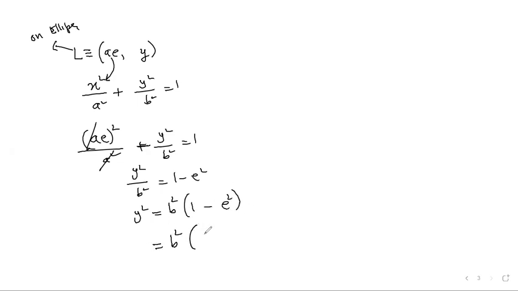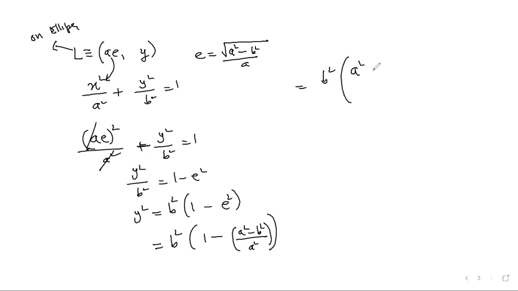But I can replace E square as A square minus B square upon A square. What is the formula for E? Root of A square minus B square upon A. So if I replace it and take the LCM, what will happen? A square minus A square plus B square upon A square.